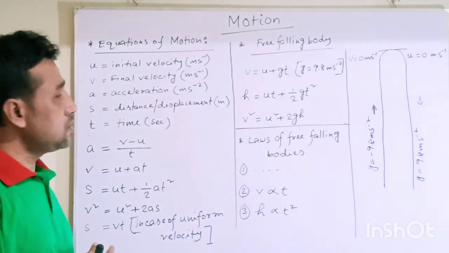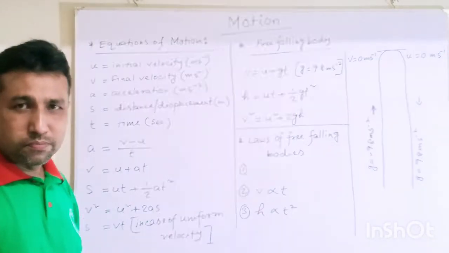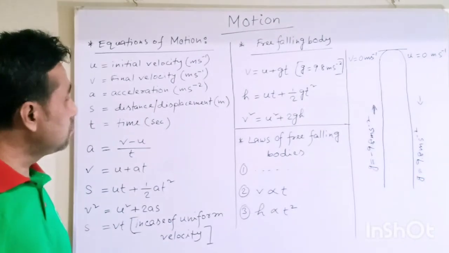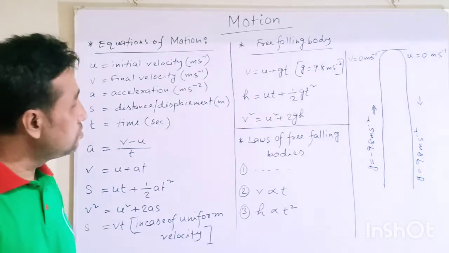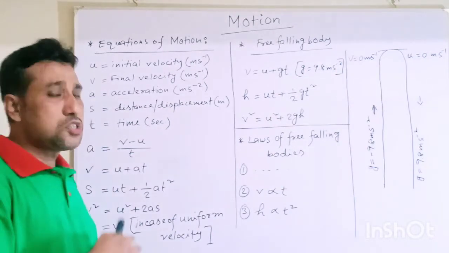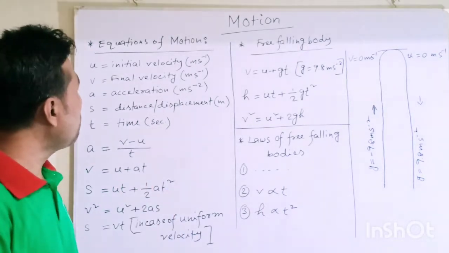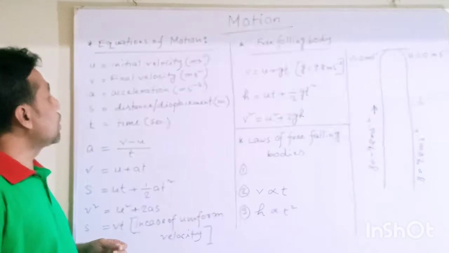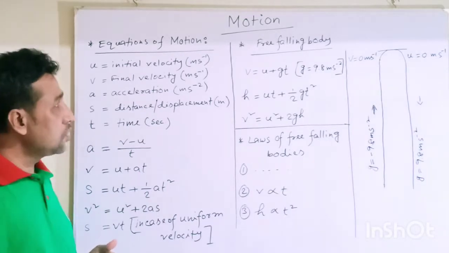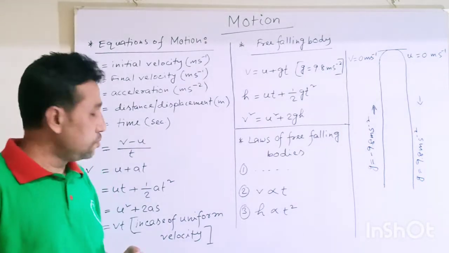In the textbook you will see linear motion, circular motion, periodic motion, oscillatory motion, translatory motion, and various other types of motion. Today our discussion is regarding the equations of motion and motion in the case of a free falling body.